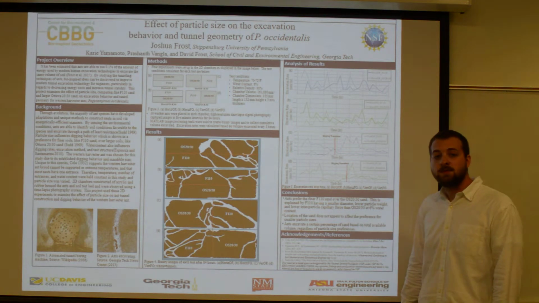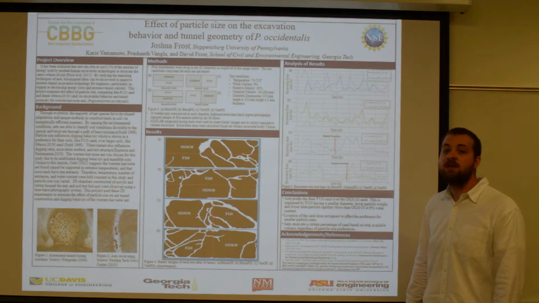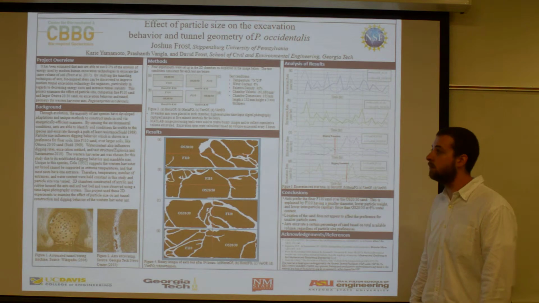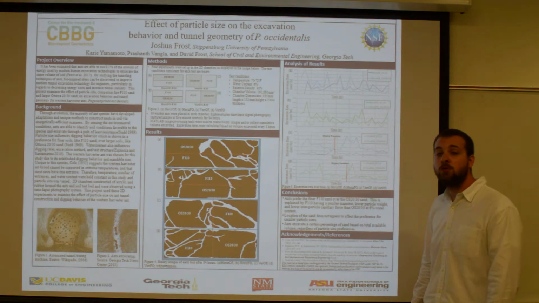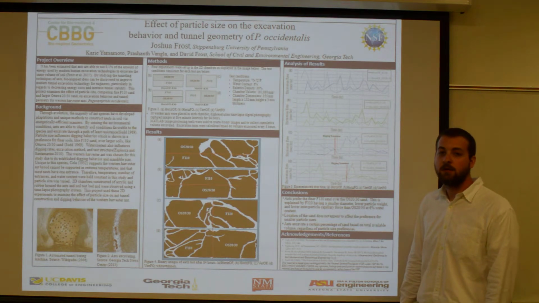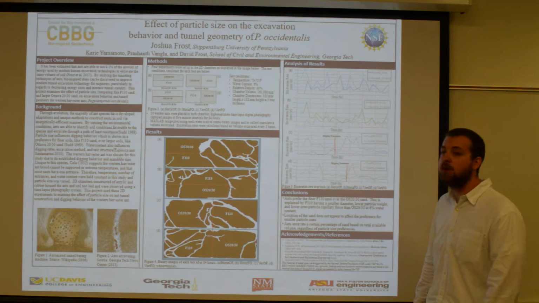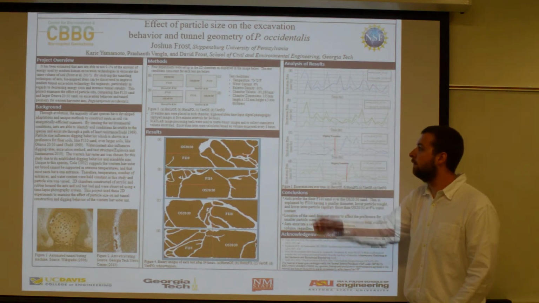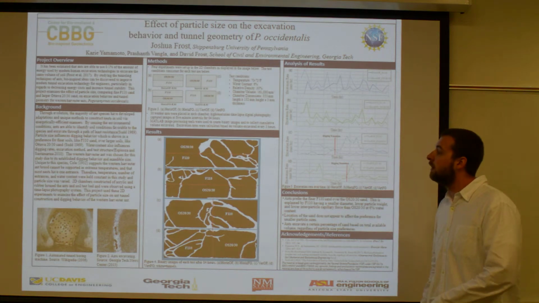Four experiments were set up with the sands of interest, which were the finer F110 and the larger Ottawa 2030. 2D chambers were used to observe the ants' excavation. The F110 and the Ottawa 2030 were placed in the 2D chambers with different orientations, as you can see by this image here.